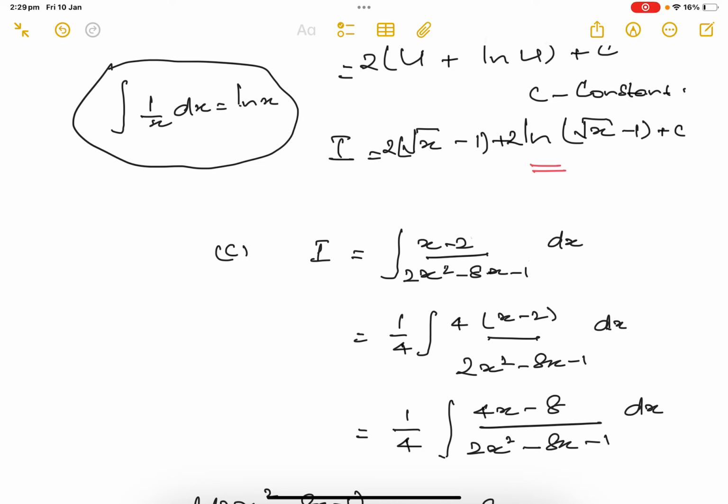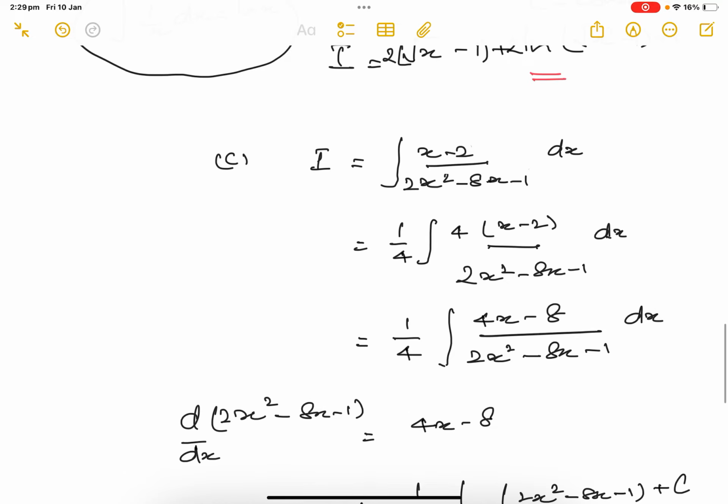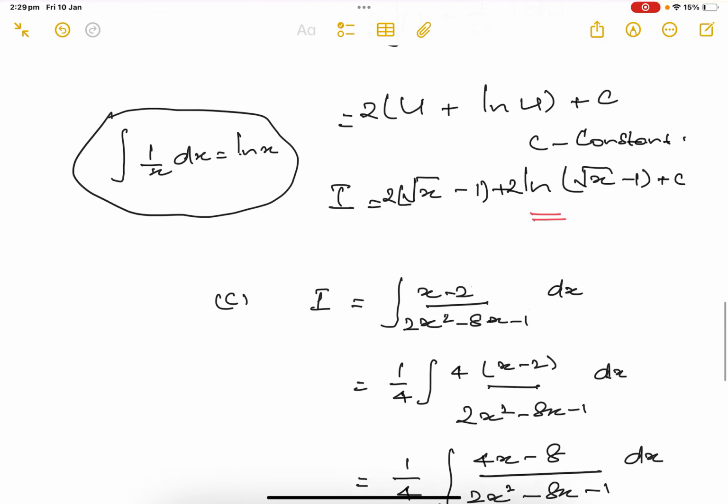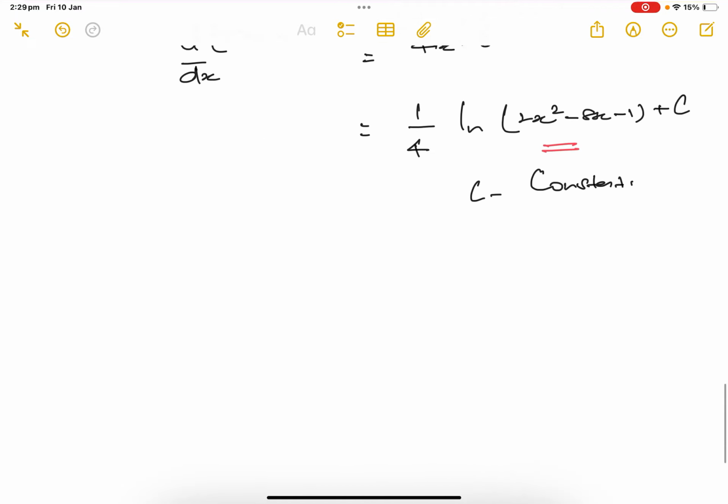So that is a clue. If you look at the linear function in the numerator and the quadratic function in the denominator, if you differentiate the quadratic, it will be linear. So we manage to get that differentiation on the numerator side. That is exactly what we did because of the clue from part B. Thank you.